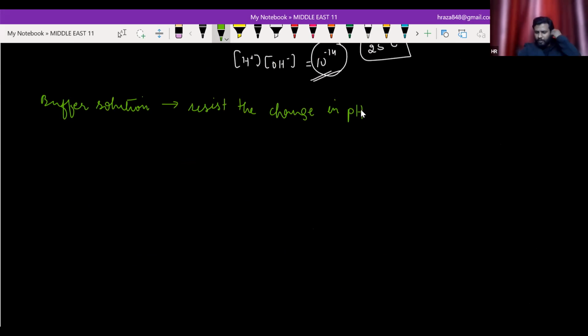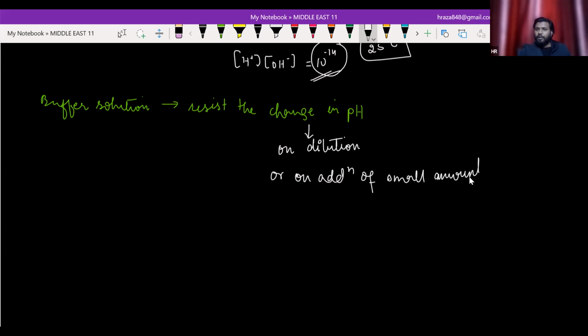Why will there be a change in pH? Because if we dilute it, or on addition of a small amount, we are talking about a small amount. If you bring a large amount, then it will definitely change.